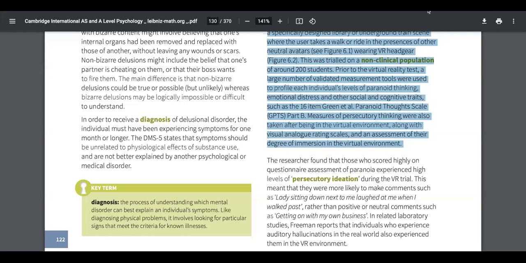And the assessment of the degree of immersion in the environment. When you talk about degree of immersion in the environment, the most literal meaning is basically how engaged were they, how present were they. So they wanted to see to what extent virtual reality influences human senses.